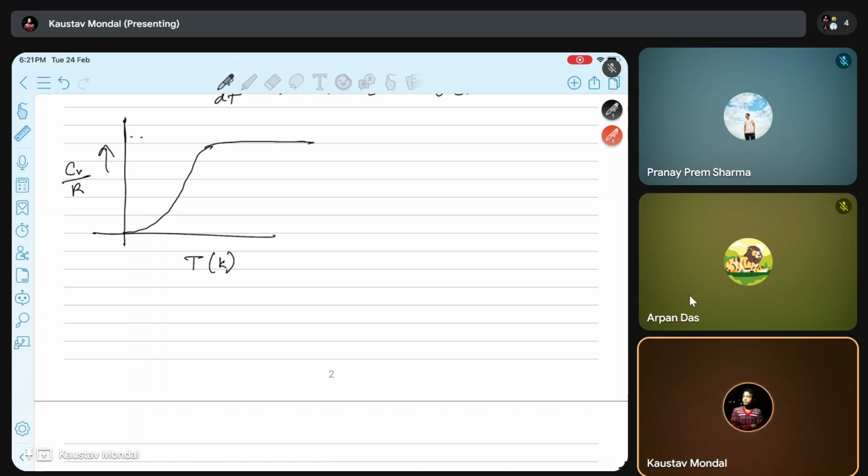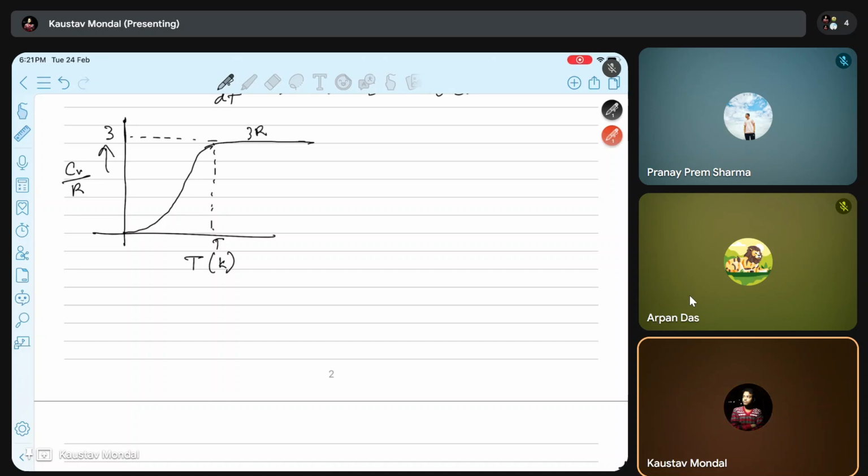So this is the 3. Here 3 means the specific heat at a particular temperature, which varies for different substances or different types of molecules. At a particular temperature only, this CV attains this value 3R.